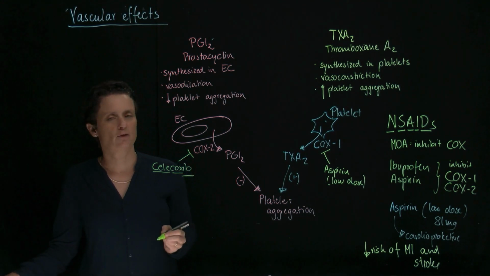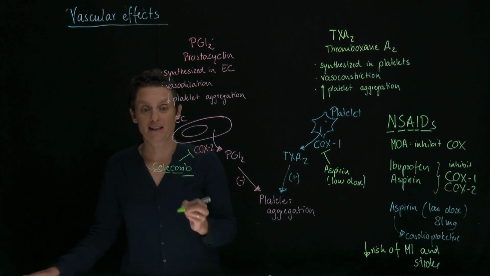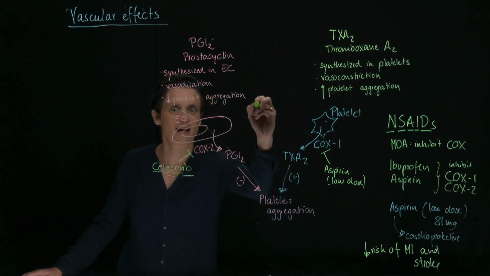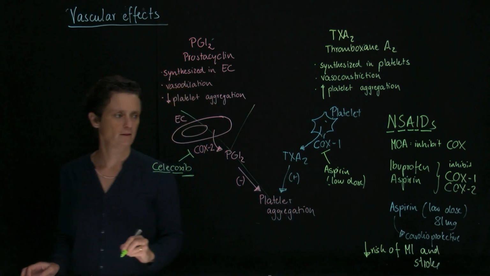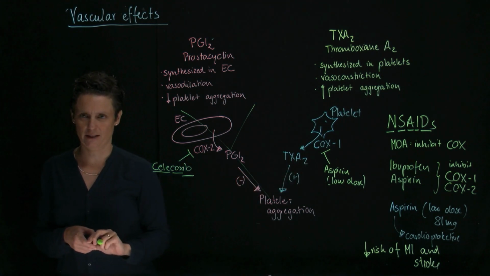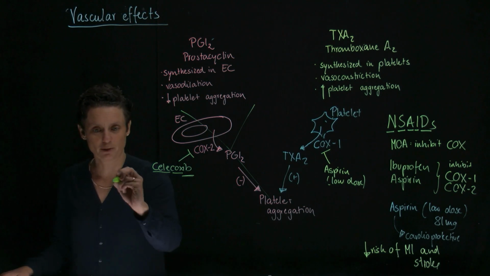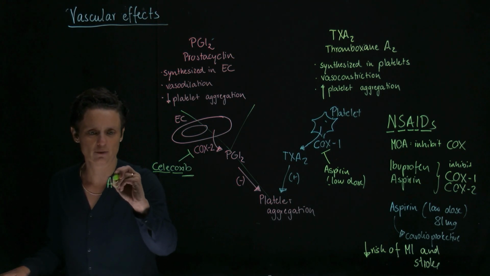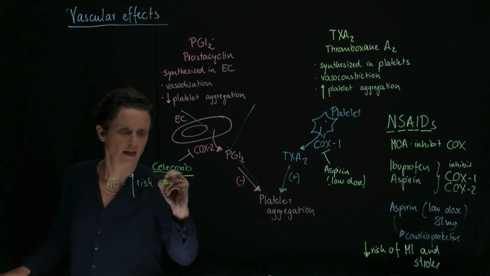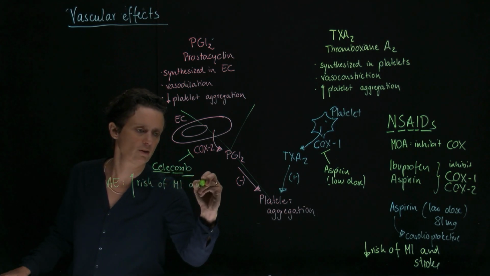And it's selective for COX-2. So now what are we going to do with celecoxib? Well, we are going to basically wipe out this part of the equation. Okay, what's going to be left? Promoting platelet aggregation. What do you think is an adverse effect? A black box warning, a risk. Increased risk of MI and stroke.